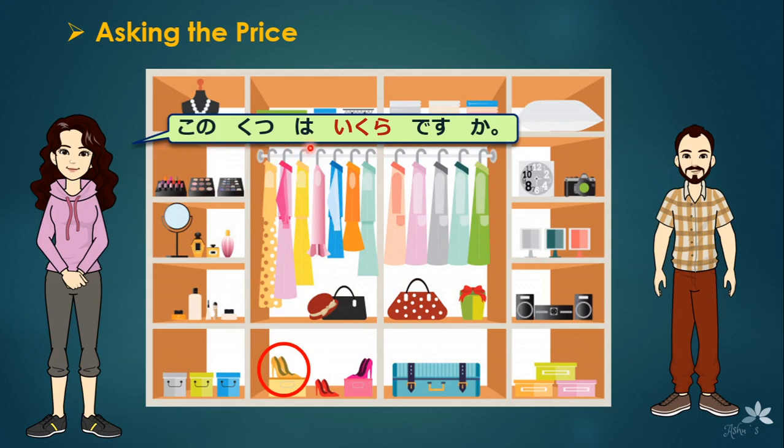What's the price of this shoes? So he says, 2,980 yen desu. 2,980 yen.